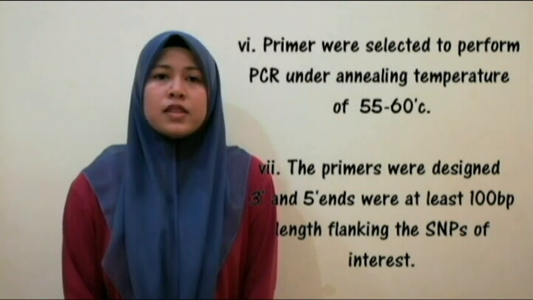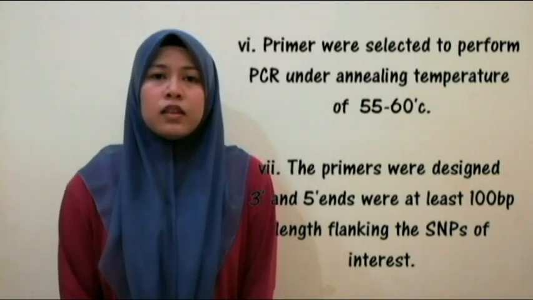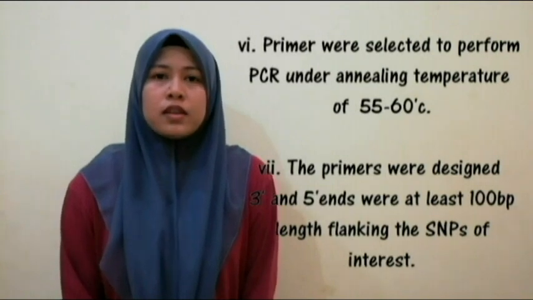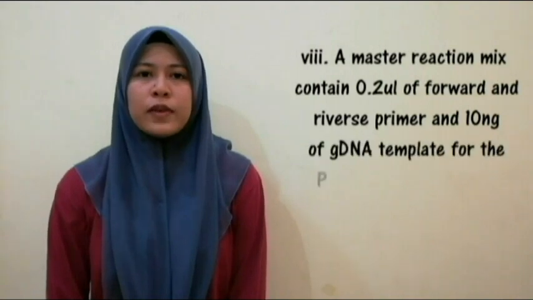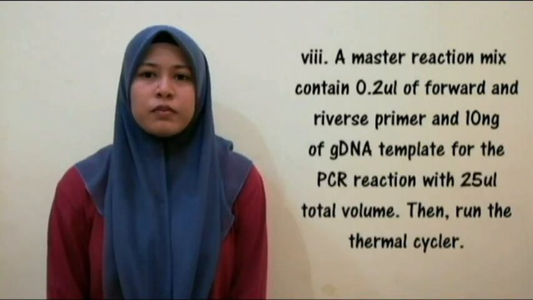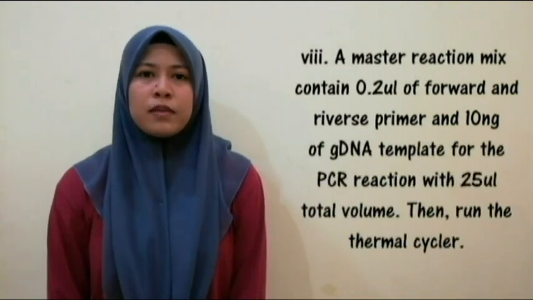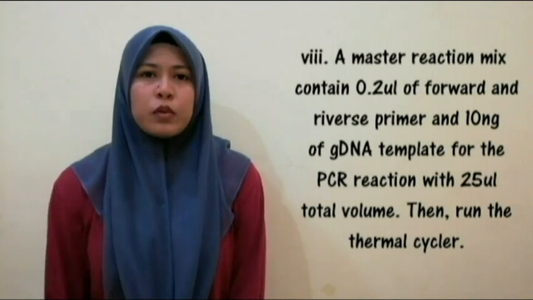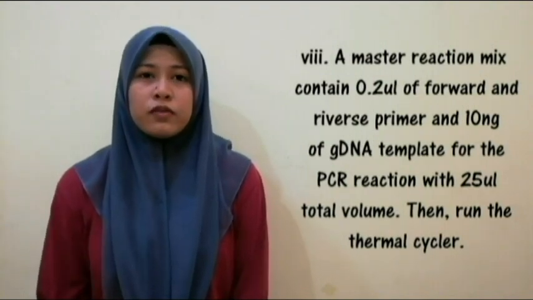The primers were designed at the 3' and 5' ends, at least 100 bp flanking the SNP of interest. A master reaction mix contains 0.2 microliter of forward primer and reverse primer and 10 ng of gDNA template for the PCR reaction with 25 microliters of total volume.